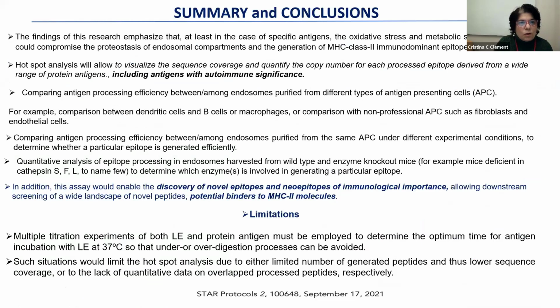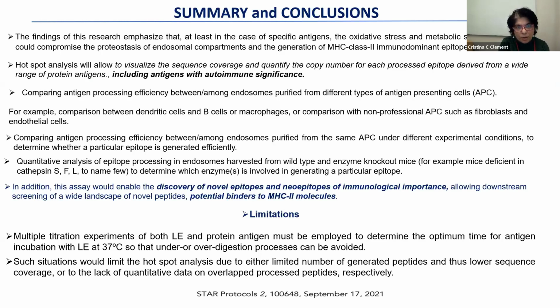So as a conclusion, the main findings of this research, if you read both papers, show that indeed the late endosomal compartments have a different capability to proteolytically process different antigens under different physiological states, and you can monitor the sequence coverage and quantity of different epitopes.